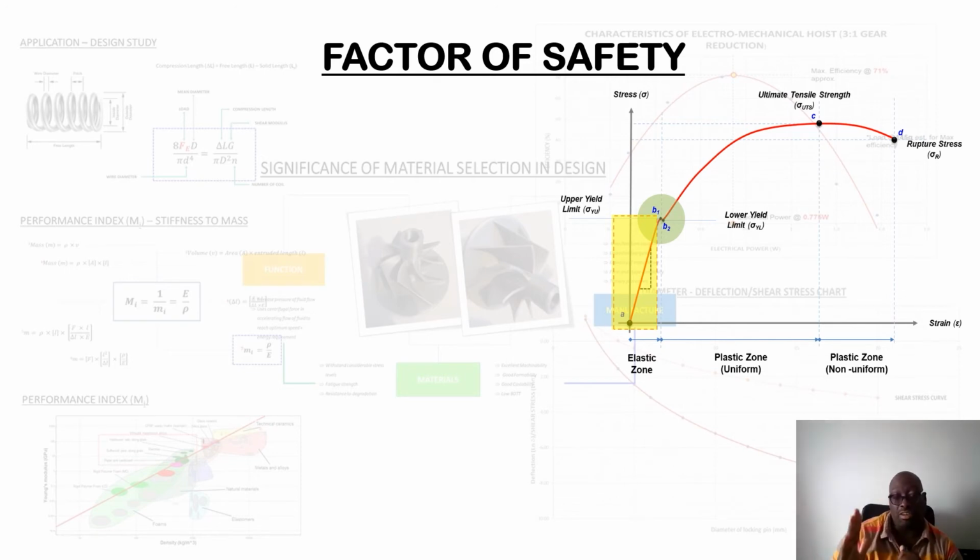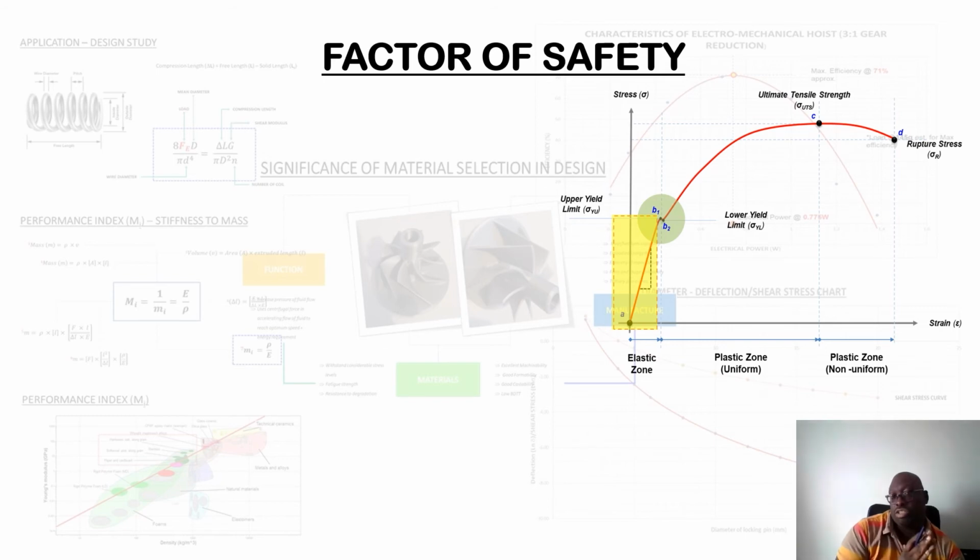You've got the elastic region, whereby once you remove the stresses, well, not necessarily the stress, because residual stresses are very difficult to remove, but let's say if the external stimulus is removed, so if we're looking at forces acting on the component, once that's removed, the material is able to come back to its original state in terms of its original length, or whatever the initial state of the material was.